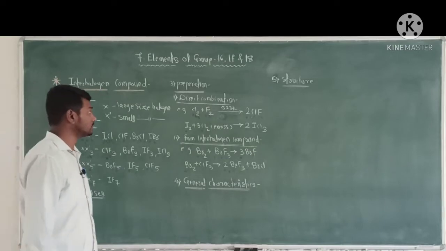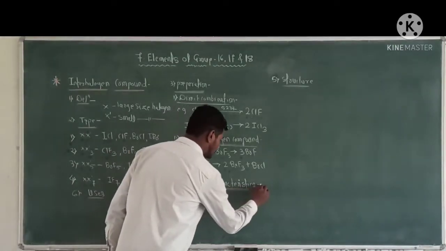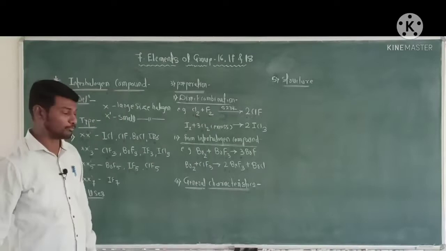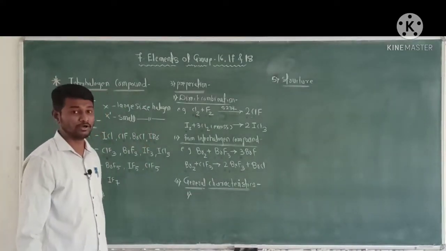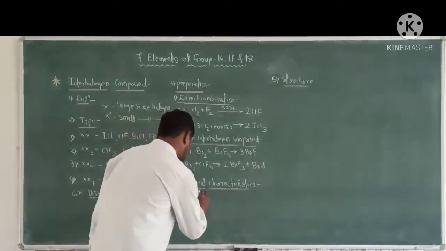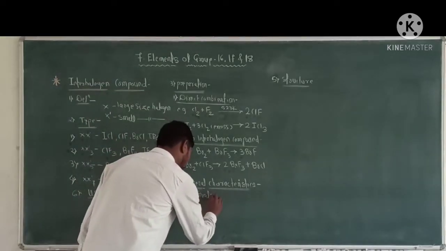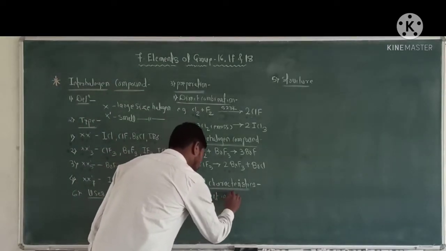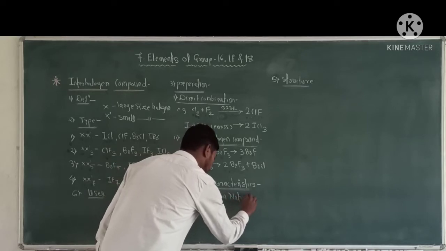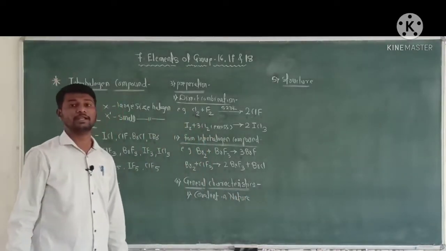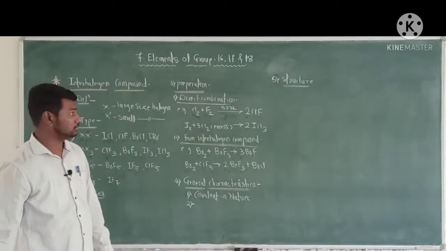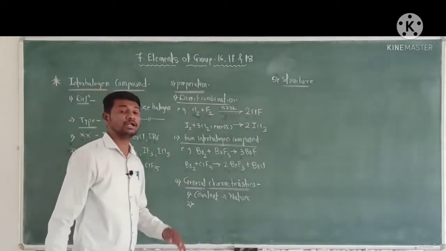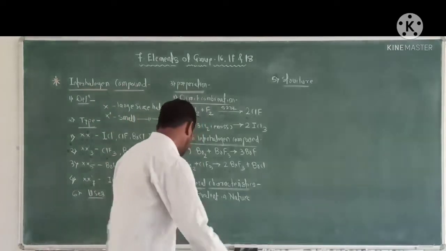Now next, fourth, general characteristics of interhalogen compounds. First, interhalogen compounds are covalent in nature. Second, they are volatile. All interhalogen compounds are volatile.